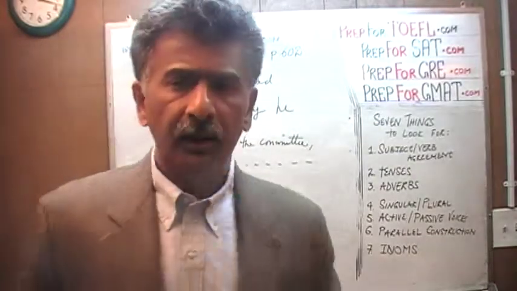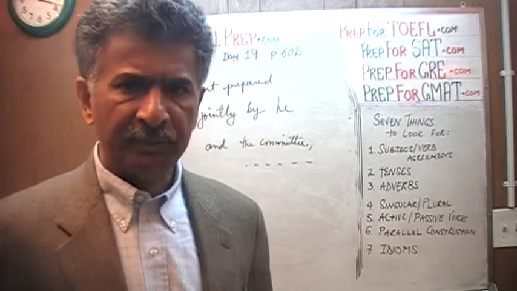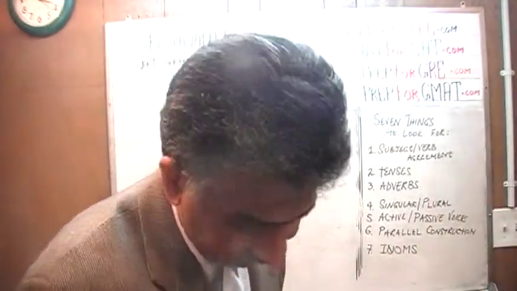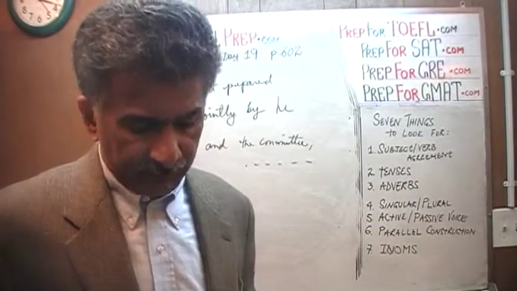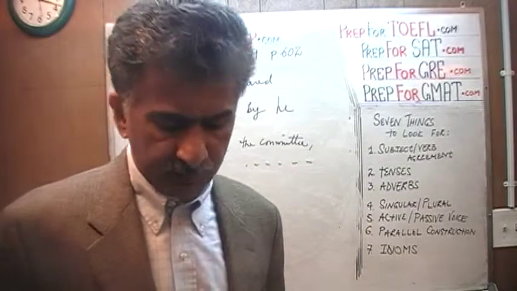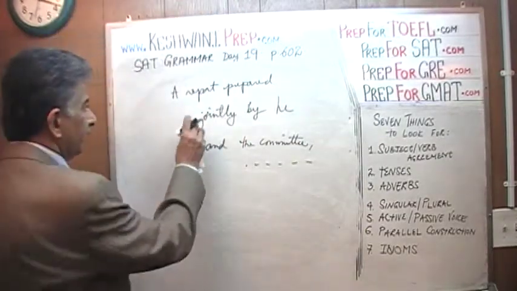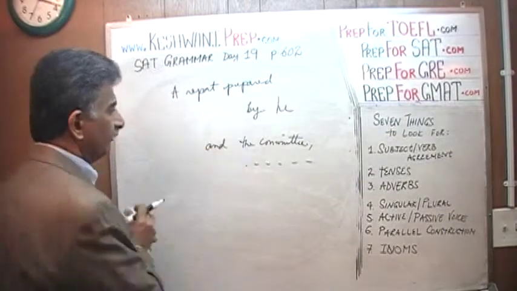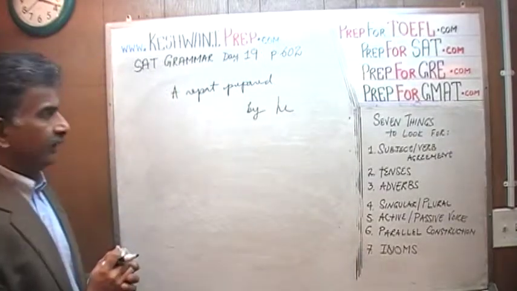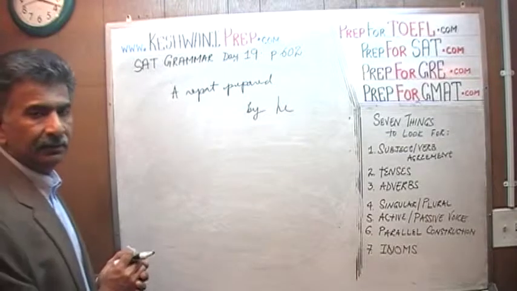Ask yourself, how would this sentence read if we were not dealing with these two people here? This person, whatever his name is, Alexander, and the committee. It says a report Alexander is discussing, a report prepared jointly by. Let's pretend that it's not jointly. Let's pretend that the committee does not exist. If the committee does not exist, then it reads like this. It says a report prepared by he.